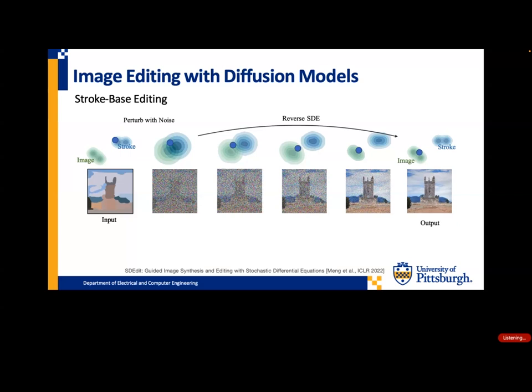The intuition behind this is that when I'm adding a bunch of noise to this image, it is basically pushed off the plateau. It's no longer on the plateau with the strokes. The blue dot is where the image stands. So when I add a bunch of noise, it's not on any plateau.